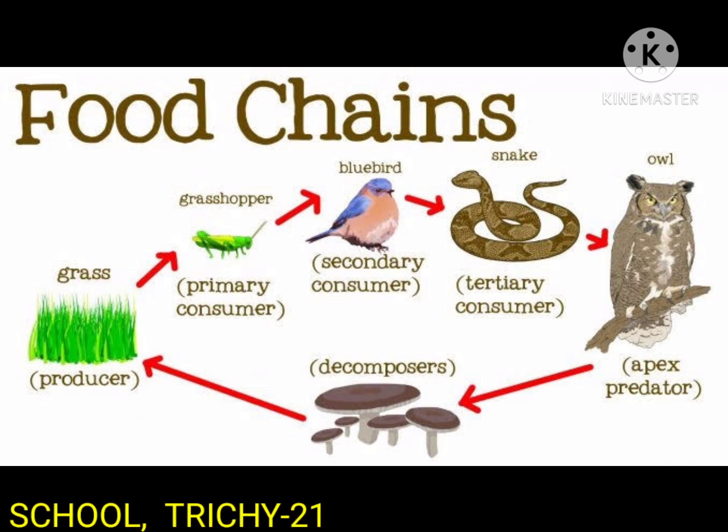Plants are producers because they make their own food by photosynthesis. Photosynthesis is a process in which plants prepare their food with the help of sunlight, water, carbon dioxide and chlorophyll.